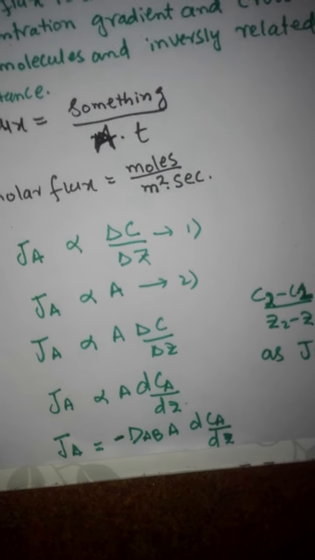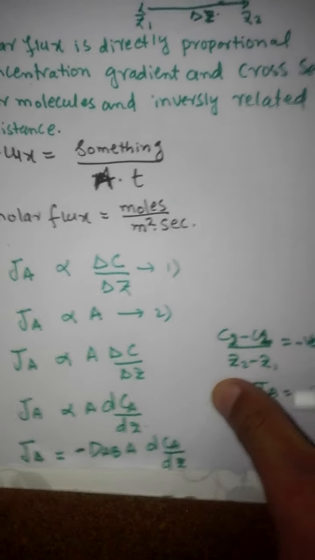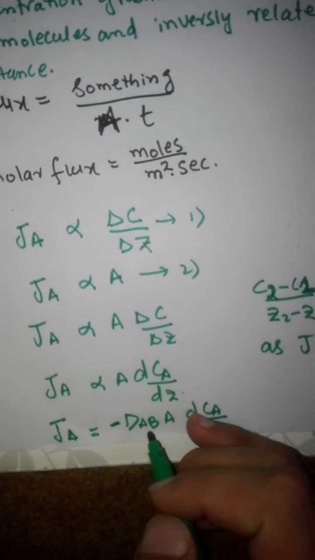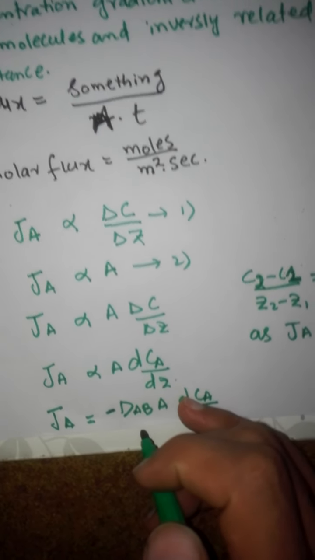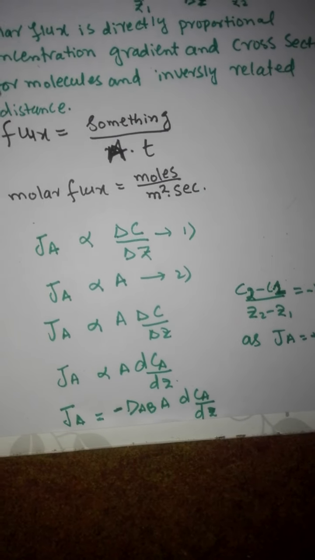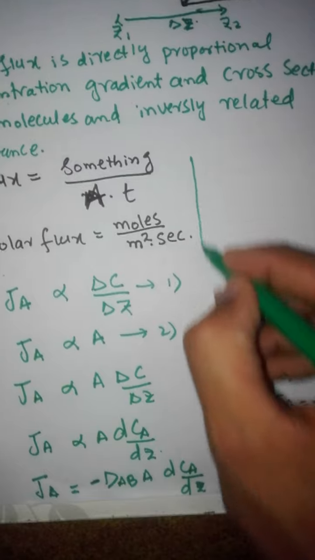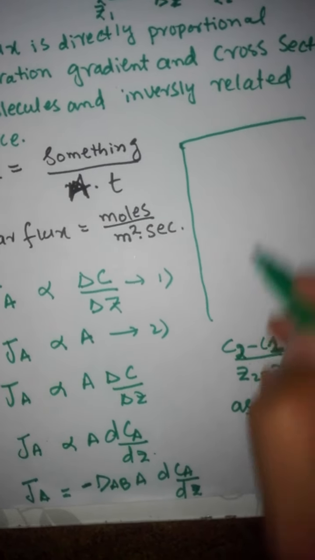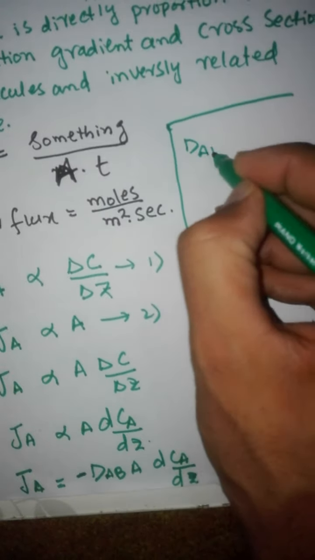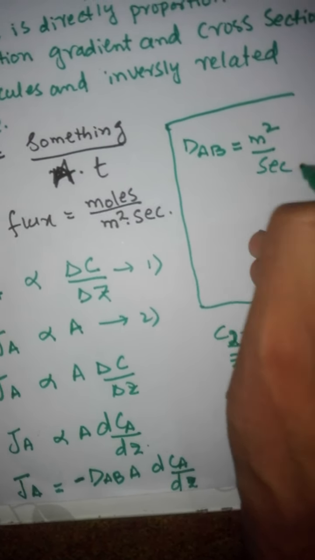So this is all about Fick's law of molecular diffusion. Now this term DAB is known as diffusivity of molecule A and molecule B, and its unit is square meter per second.